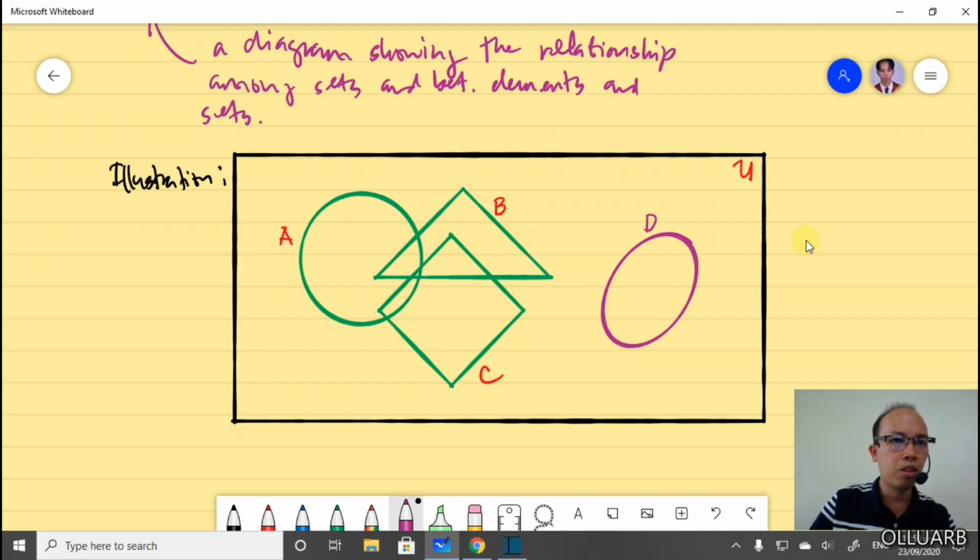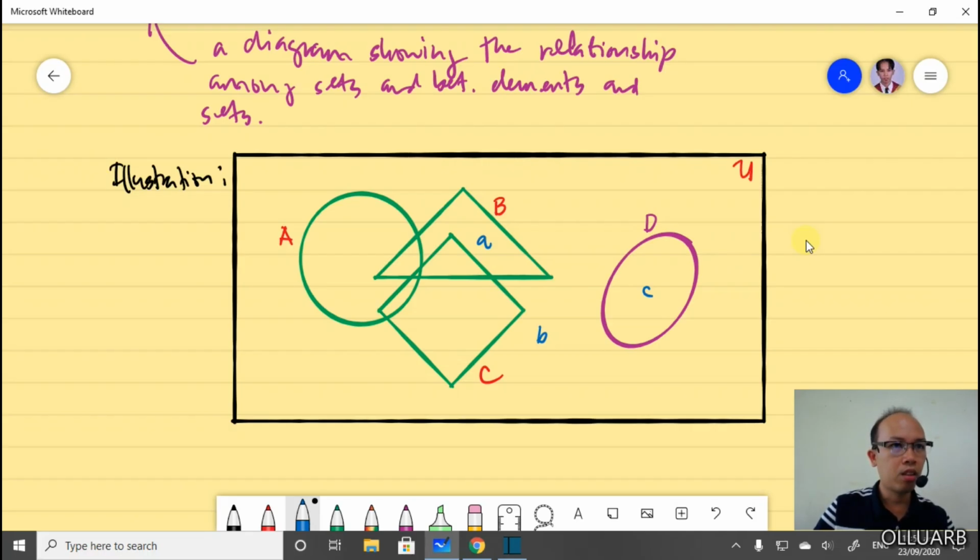You denote it by a small case letter. Let's say color blue, this one B, or A is here, and C is here. So this is an example of a Venn diagram, and we can put a description below that.